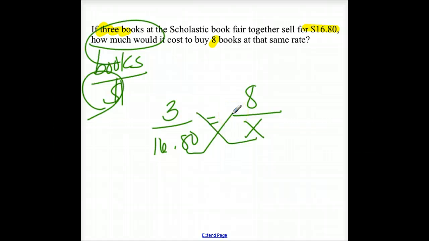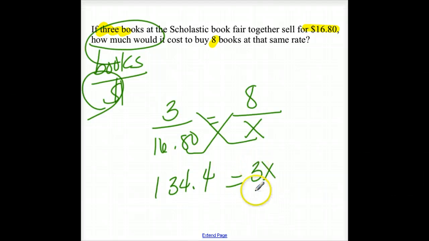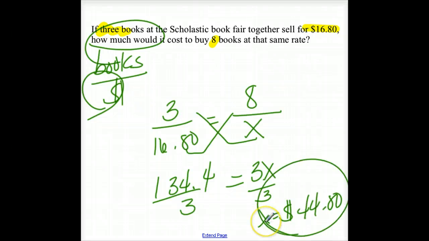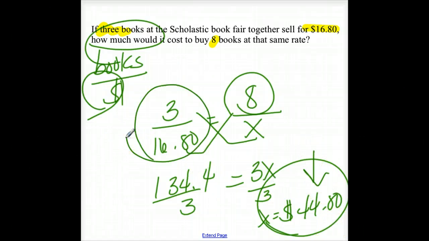I'm going to look at cross products. 16.80 times 8 is 134.4, and 3 times x is 3x. I'm going to divide by 3 on both sides to get x by itself. X is going to equal 44.80. So if I went to the Scholastic bookstore and bought 8 books, I would spend $44.80. I found that using this ratio I already knew.